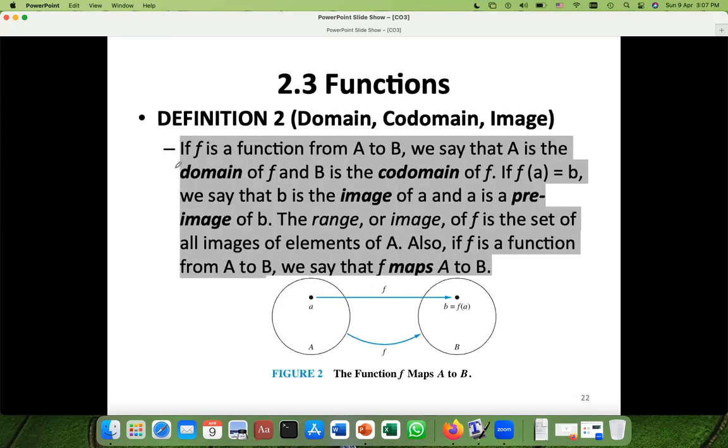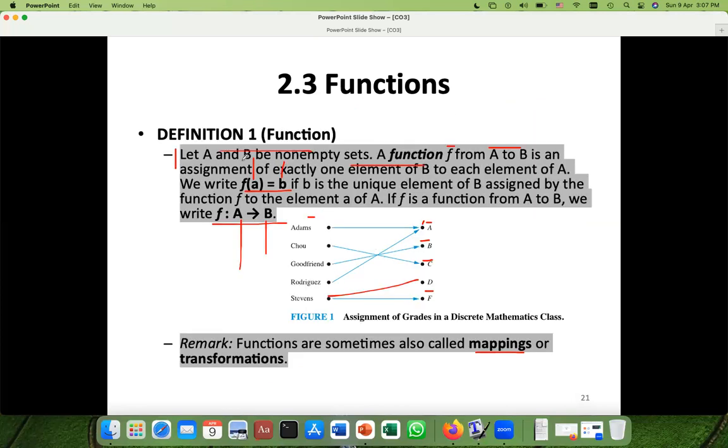Anyhow, moving forward, what are domain, codomain, and image? It's easy. If you have two sets, A and B, then the elements of set A are called the domain, and the elements of set B are called the codomain, and the elements which are directly assigned, directly connected with the elements here, which are A, B, C, and F. This D is not connected with the blue arrow.